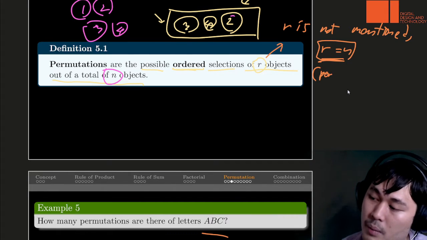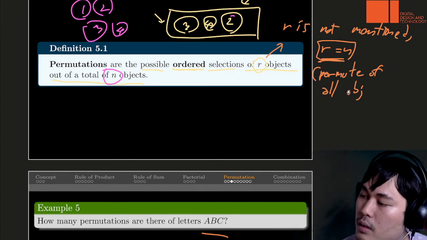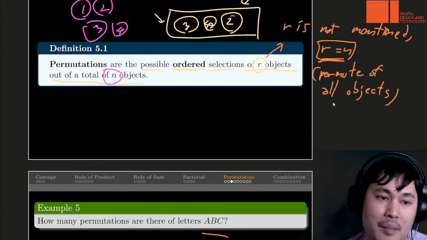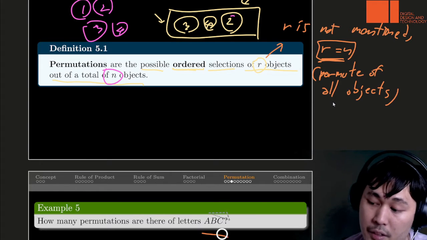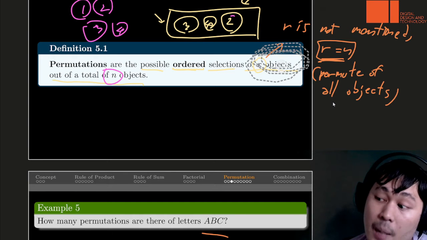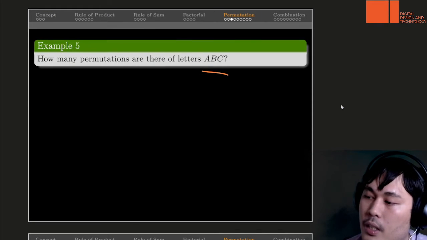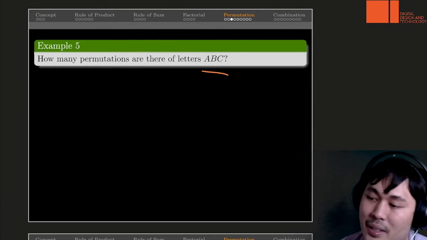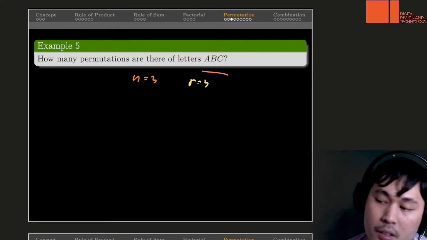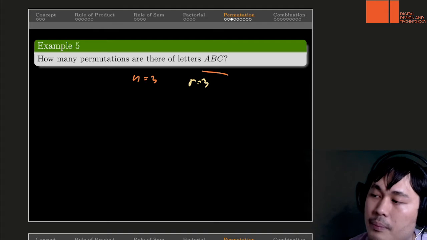You find the permutation of all objects. In example 5, we ask for permutations of these 3 letters, but we don't mention how many objects we choose, so that means we choose all of them. So n is 3, there are 3 objects to permute, and r is 3 also, because r is not mentioned, so we permute all of them.